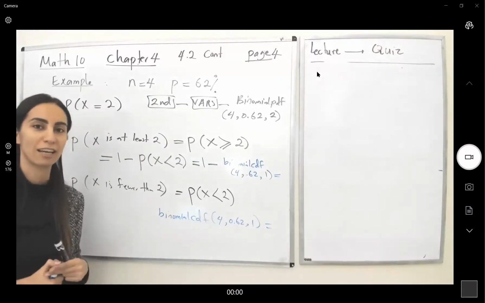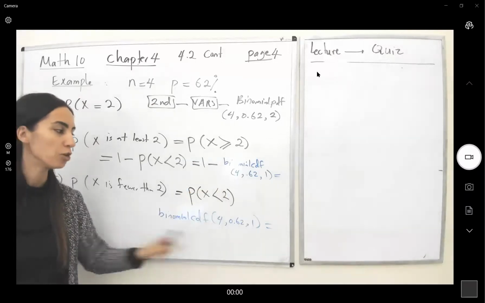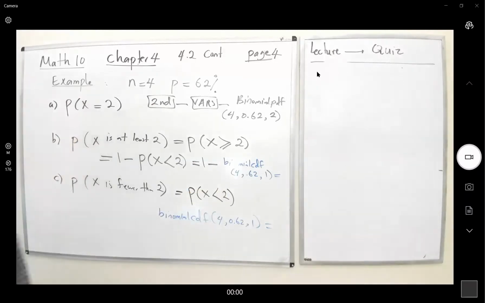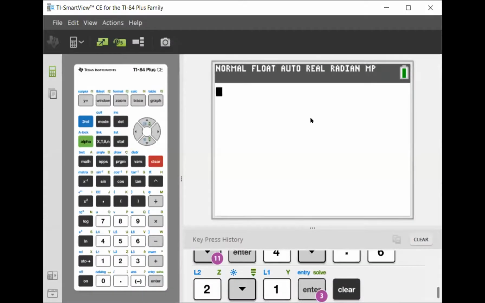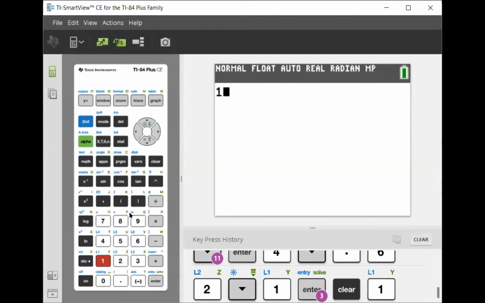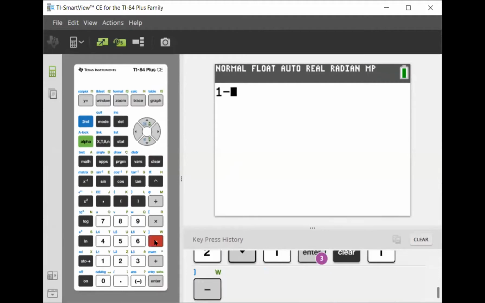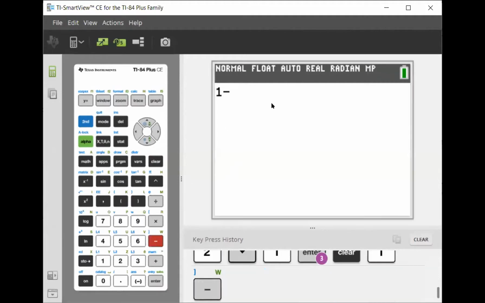Let us take a look at our calculator using binomial CDF. Okay, guys. So we want to find the probability that x is at least 2. So it is 1 minus binomial CDF.